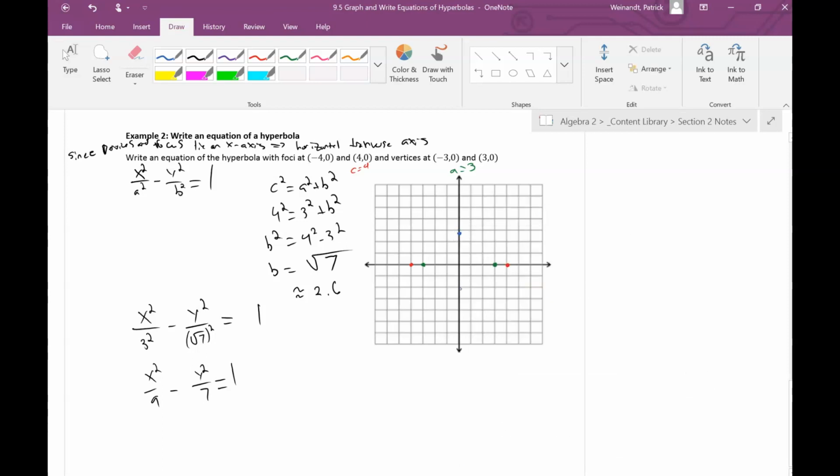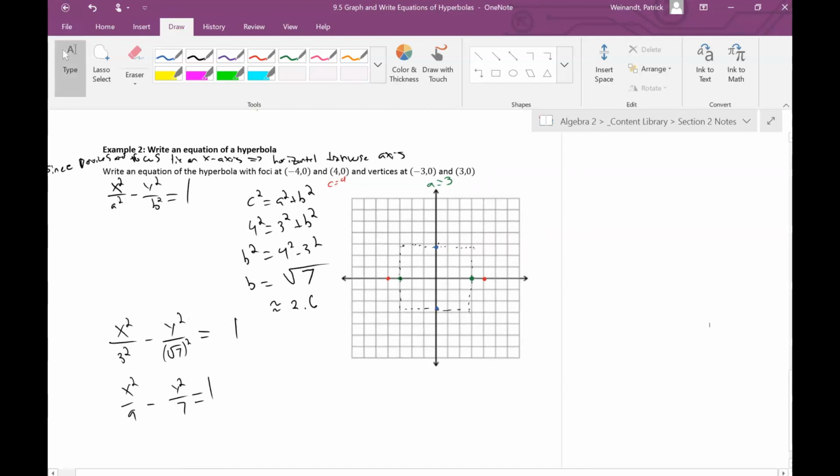And just construct our fictitious rectangle. And we're going to have these asymptotes. If you want to practice finding those asymptotes, you can certainly do that. Just know that it's going to go through this rectangle.